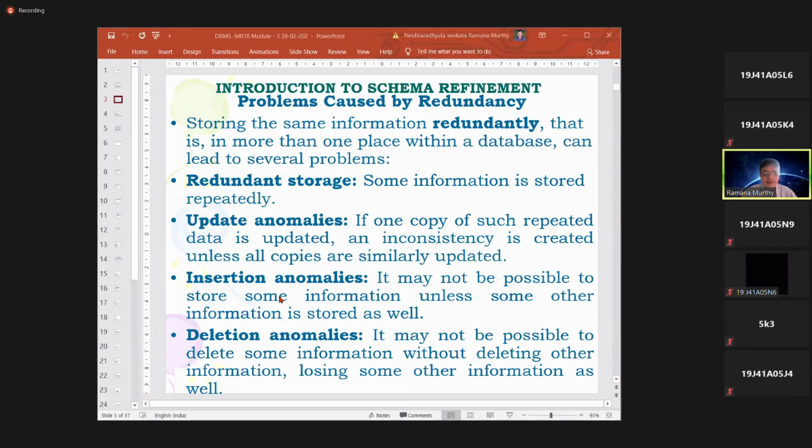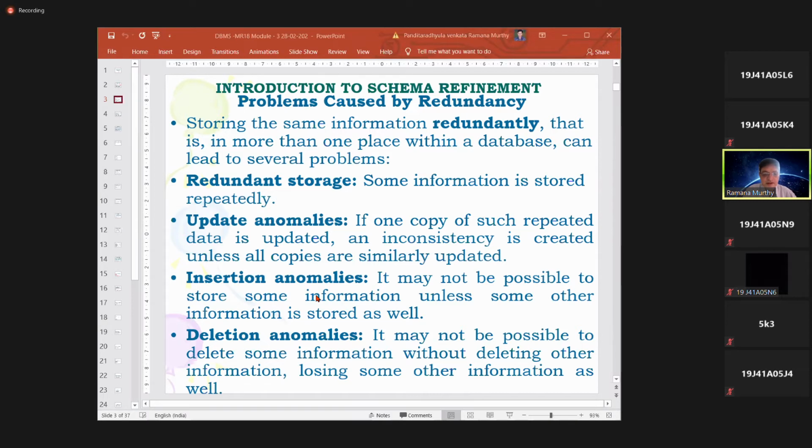Unless that student's name, address, and so on are available, I can't insert the enrollment into the student enroll table, because the fields become empty, and we can't allow that. Particularly when you have multiple copies and the information is scattered at different places, insertion anomalies may lead to big problems.